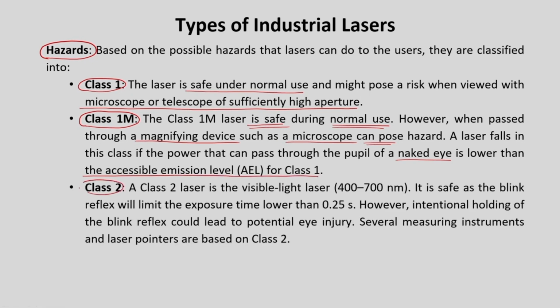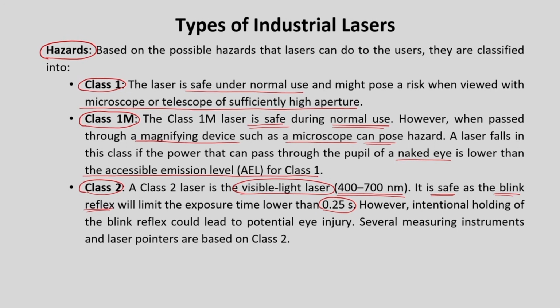Class 2 type of laser is in the visible range, that is around 400 to 700 nanometer. These are safe as the blink reflex will limit the exposure time to lower than 0.25 second. Even though our eyes get exposed to this type of laser, the blink reflex of our eye will control the exposure.